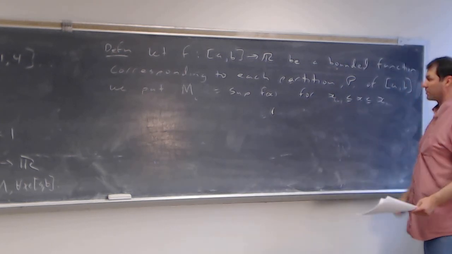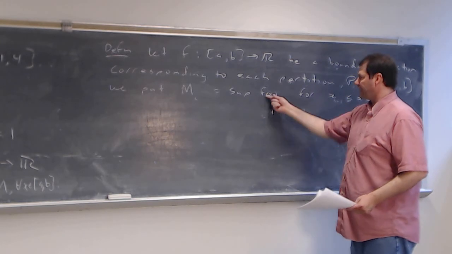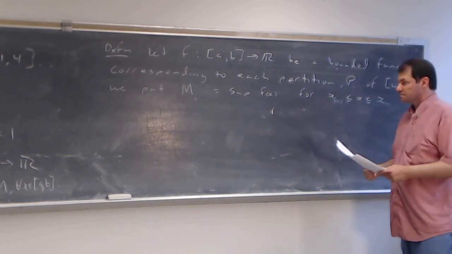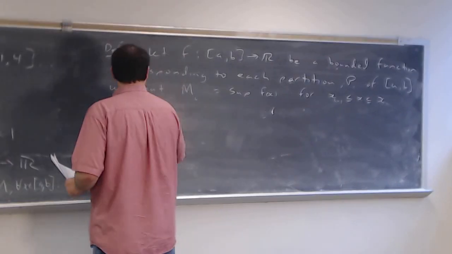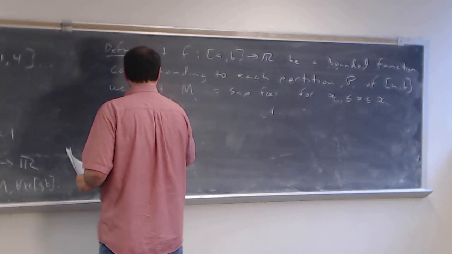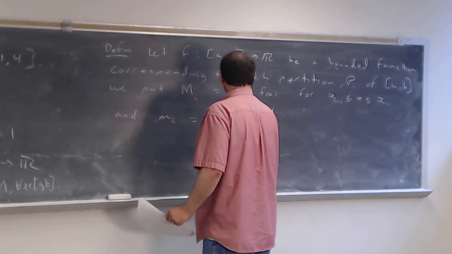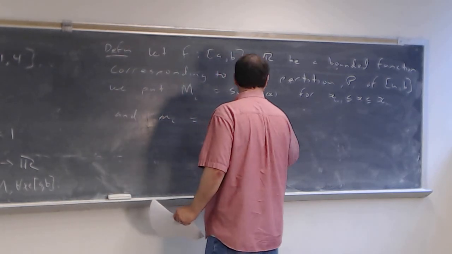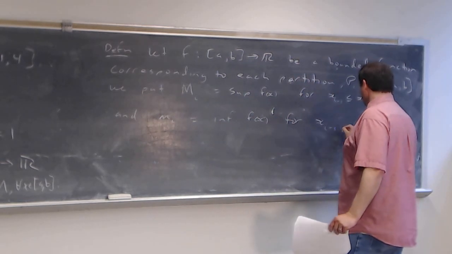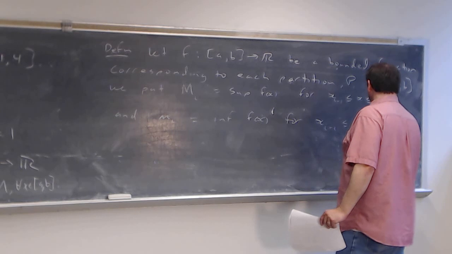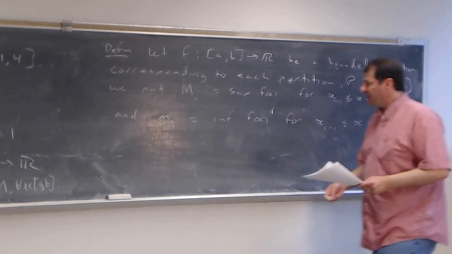So we look at these subintervals, if you will, and we find the sup of all the output values over these subintervals. That's the biggest value. And little m sub i is equal to the infimum of the f of x's for all the x's in between x sub i minus 1 and x sub i, the partition values.